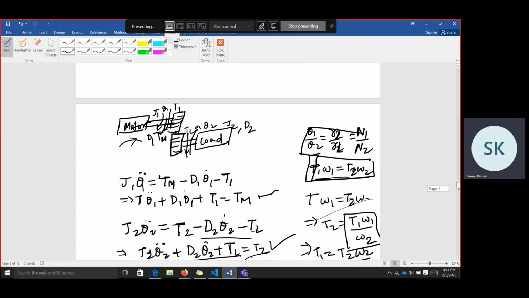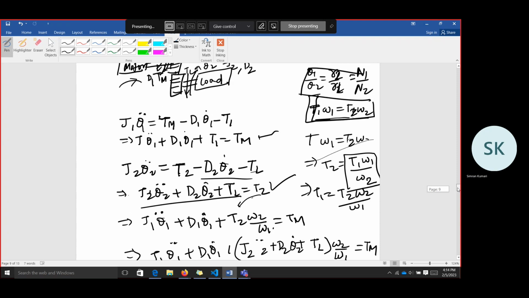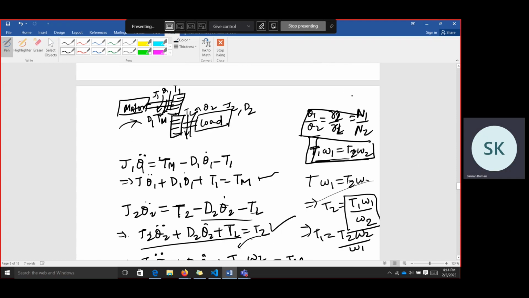Also, we have seen we can relate theta 1 and theta 2 through this one.